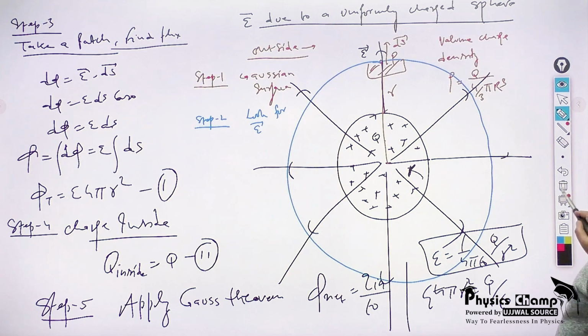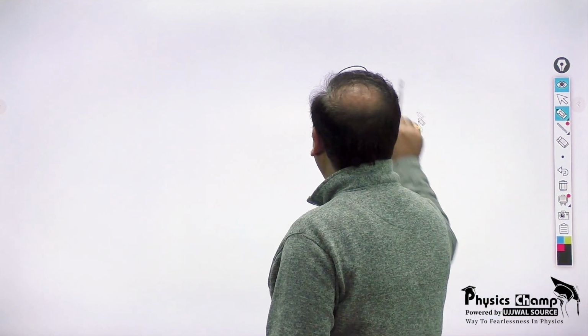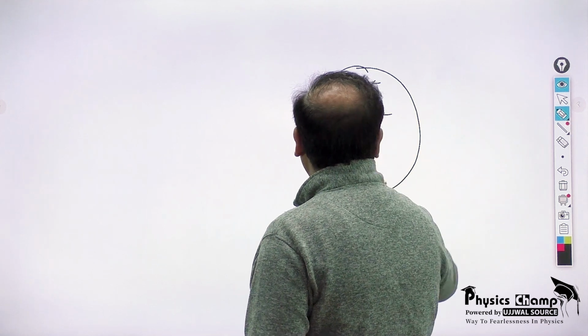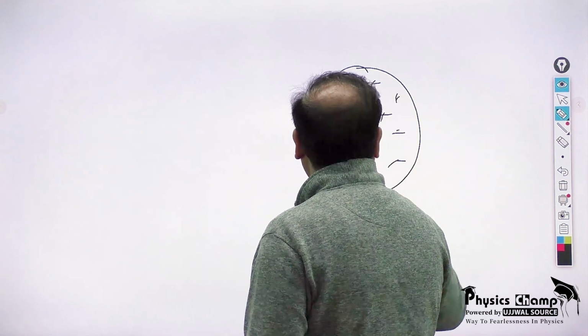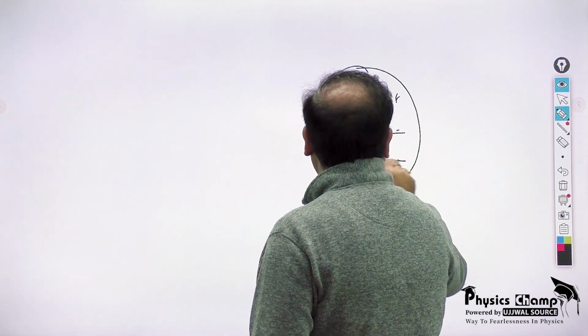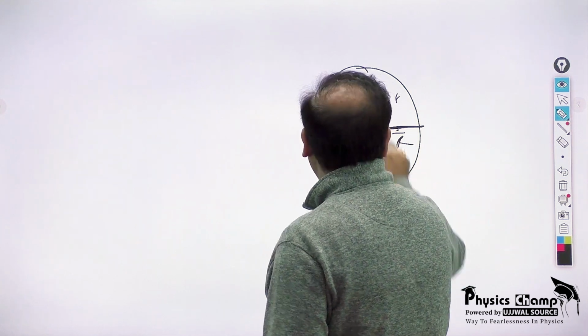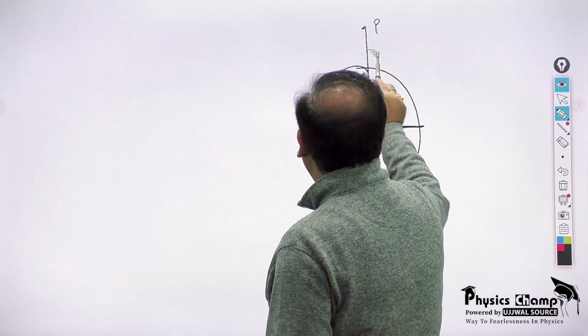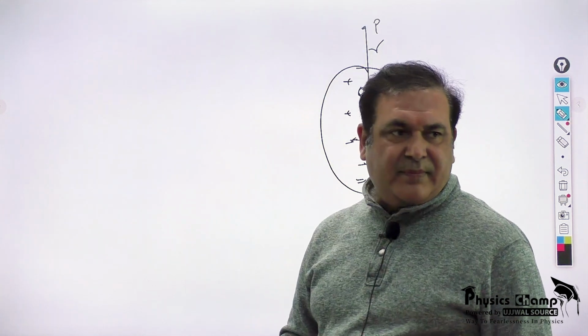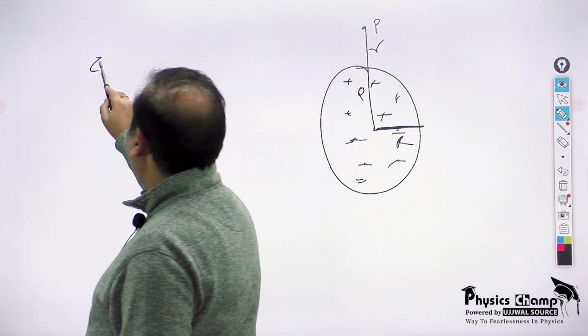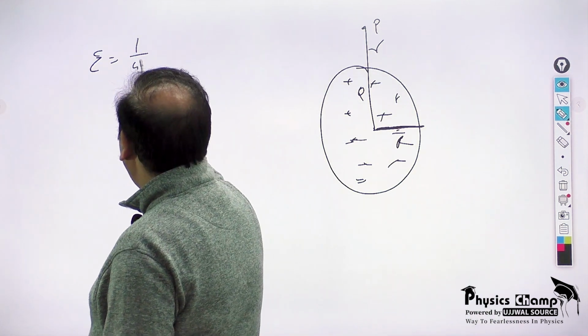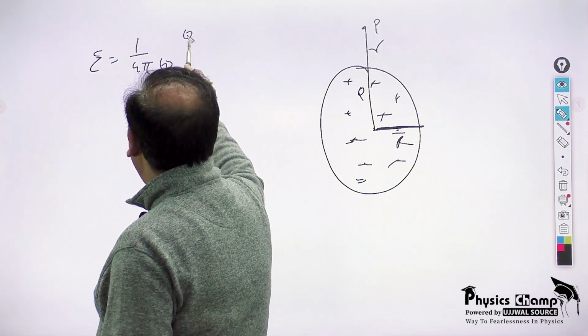So I am looking at this result once again. You have the charge Q distributed everywhere. It has its own radius capital R. You are looking for the electric field at a point at a distance R. The electric field there comes out to be 1 by 4 pi epsilon naught Q by R square.